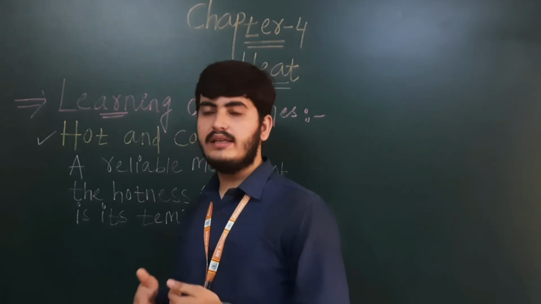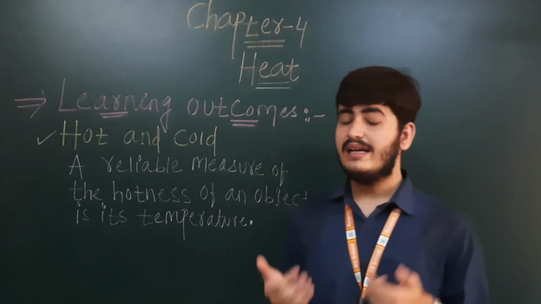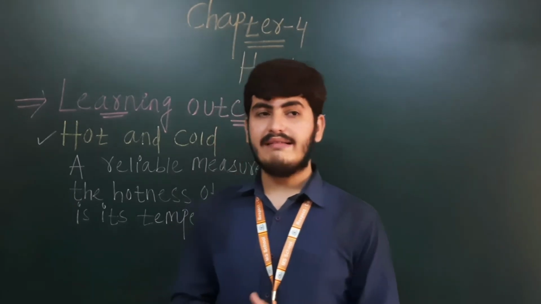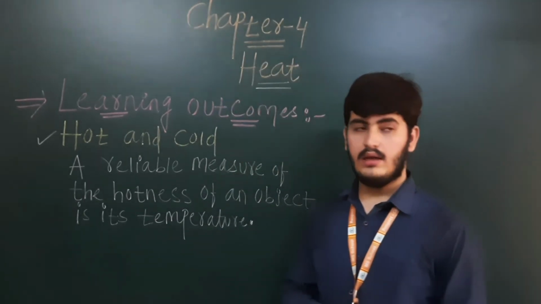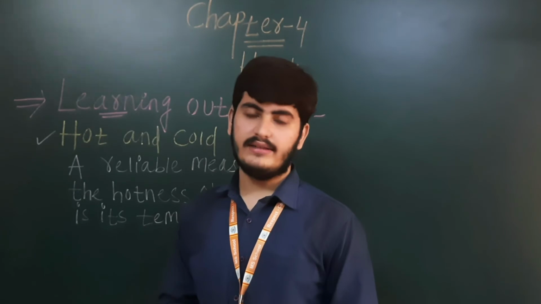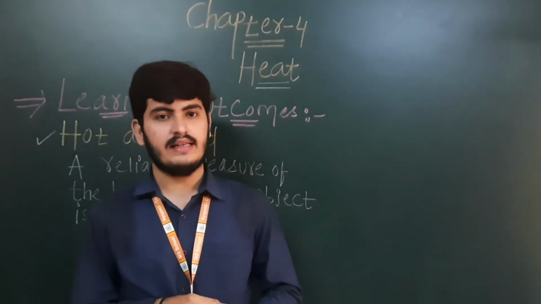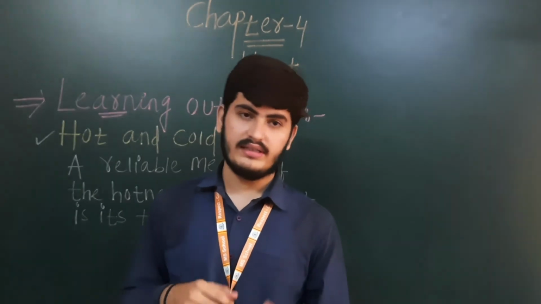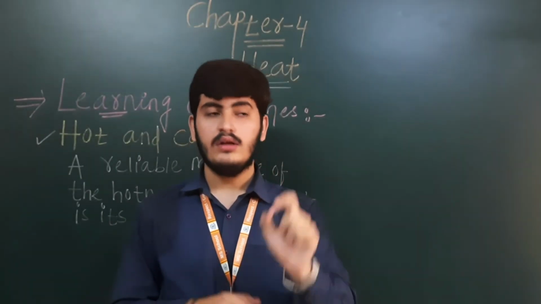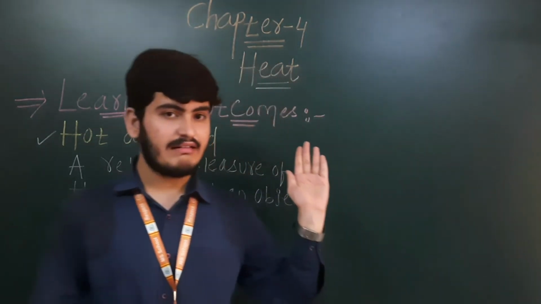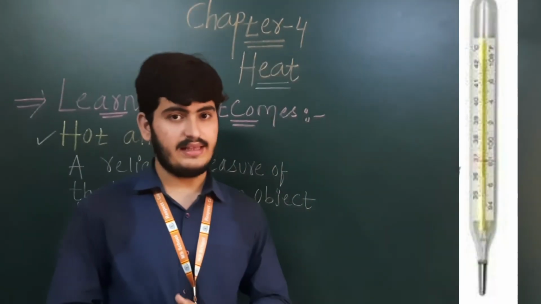I have told you that thermometers are of two types, clinical thermometer and laboratory thermometer. Clinical thermometer you people have seen: whenever you fall ill or someone in your family is ill, whenever you go to the doctor, they give the clinical thermometer to measure the temperature of the body. You can also see a clinical thermometer looks like this.